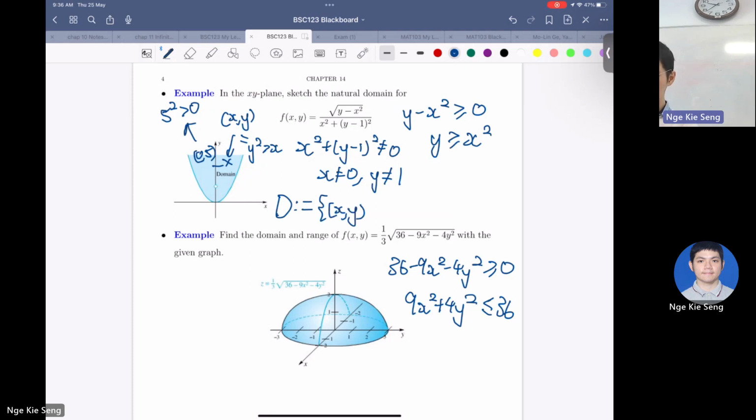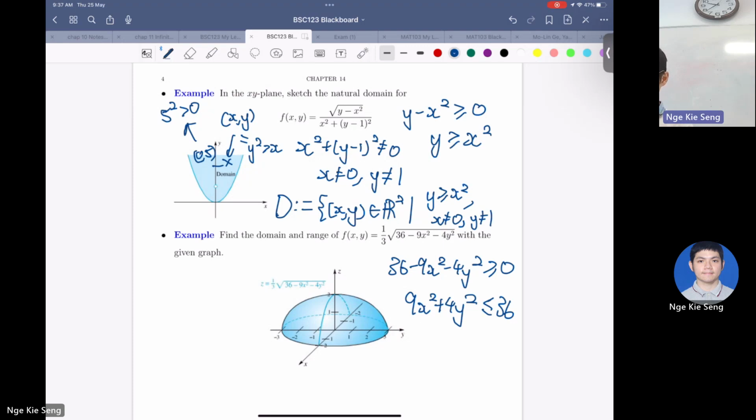This is the set notation. To be complete, I would say this (x, y) lives in R^2. What conditions do you have to satisfy? y greater than or equal to x squared, and also x not equal to 0, y also not equal to 1.